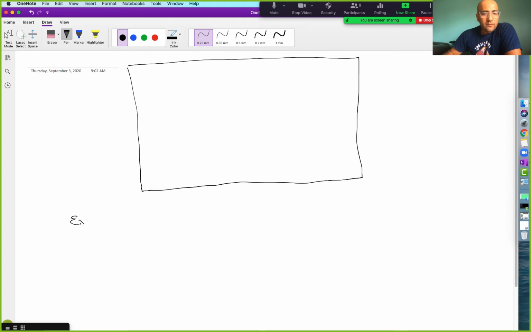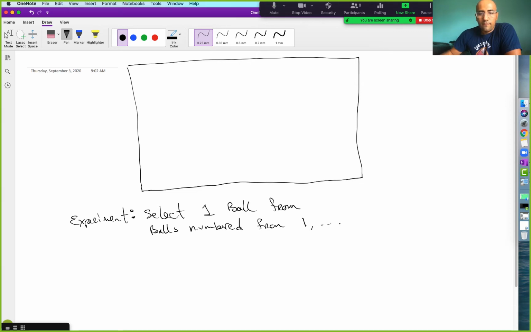So the experiment is going to be to select one ball from balls numbered from 1 through 10.